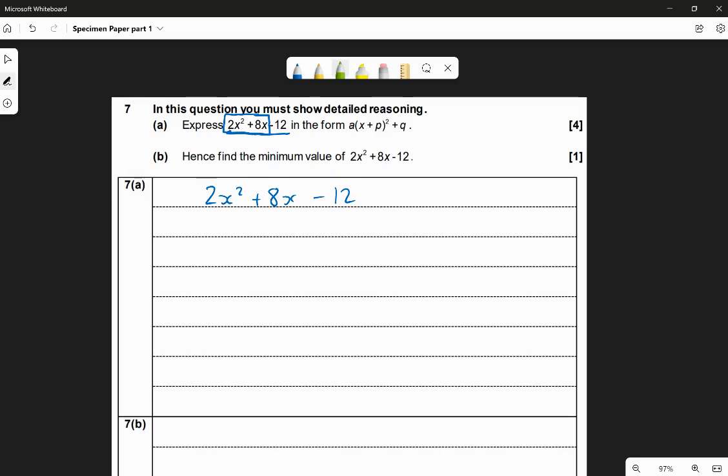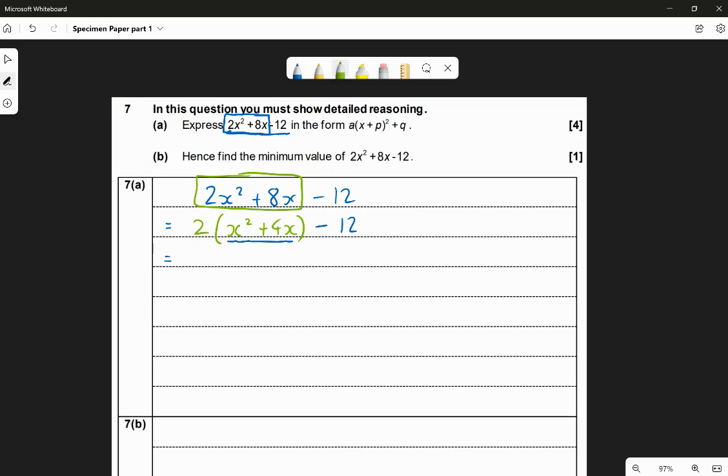I'm going to focus on these two parts. 2x squared plus 8x is the same as two lots of 1x squared and 4x. So I've written exactly the same as I had above. So those two lines are equal to each other. But what I have now is something which is very easy to complete the square for. So I'm now going to complete the square for that part.